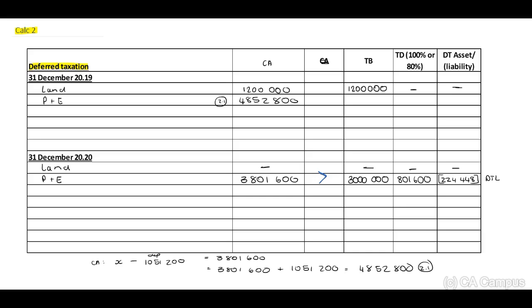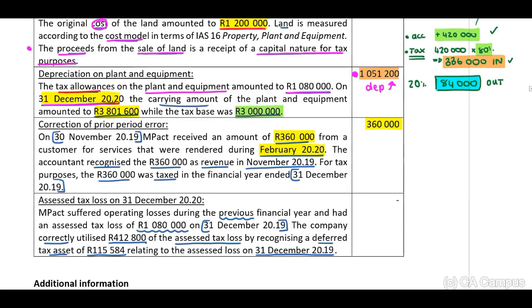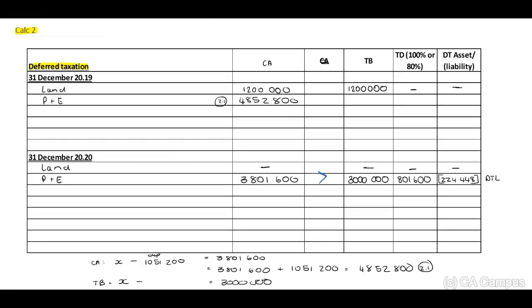Right, now the same in terms of our tax base. We need to calculate X, and we know that the closing balance is 3 million. They've indicated to us in the scenario, let's just have a look, that our tax allowance is 1,080,000.